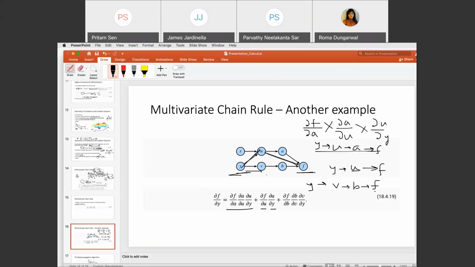So change in f for b, change in b for v, change in v for y. So we get the sum of all these paths, and ultimately we can get the impact of y on the function f.